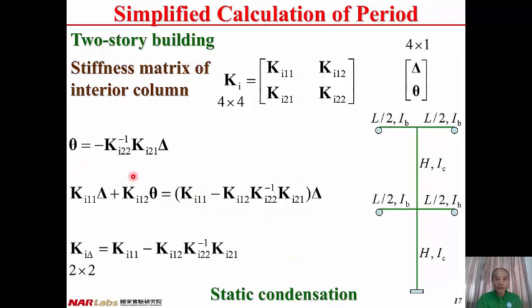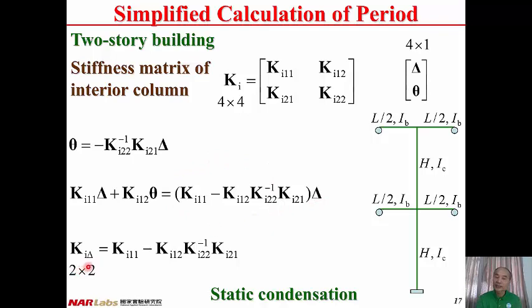And with this relationship between theta and delta, we consider the first equation, Ki11 times delta plus Ki12 times theta, and theta can be expressed in terms of delta. After substituting this relationship into this equation, we have Ki11 minus Ki12 times Ki22 inverse times Ki21 times delta. And this one can be considered as the stiffness matrix after static condensation.